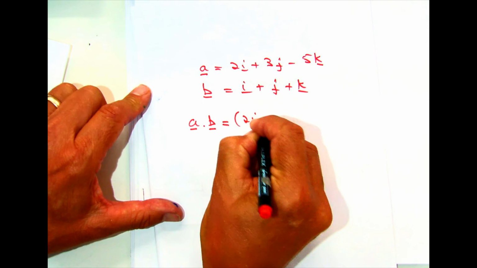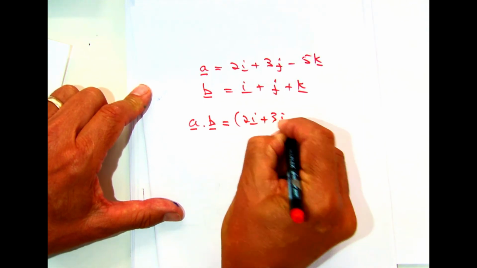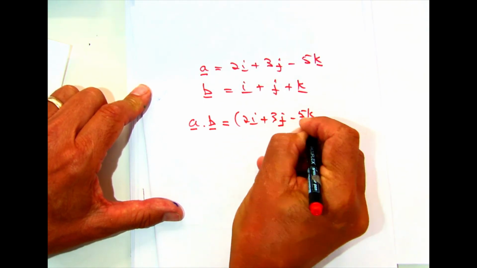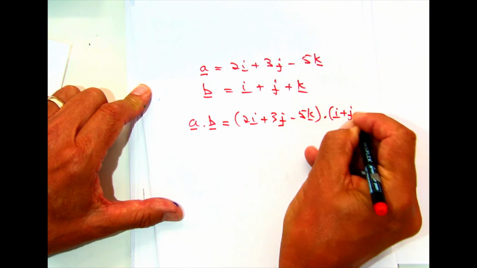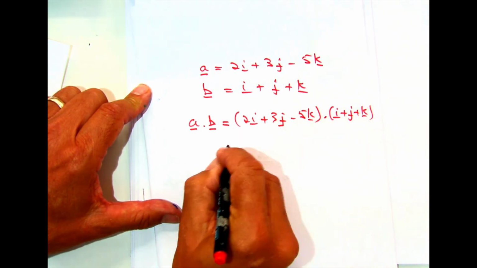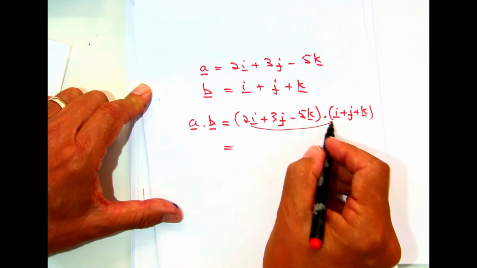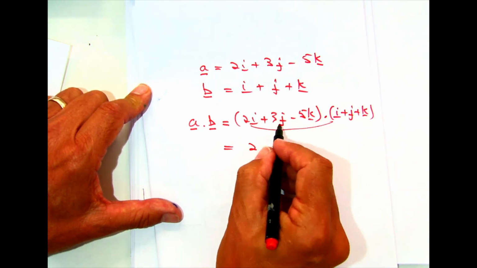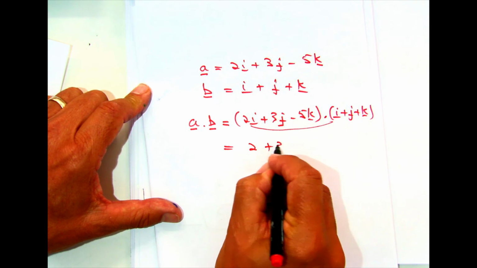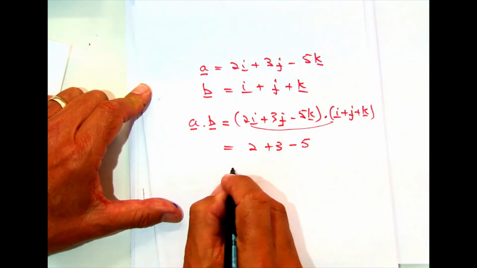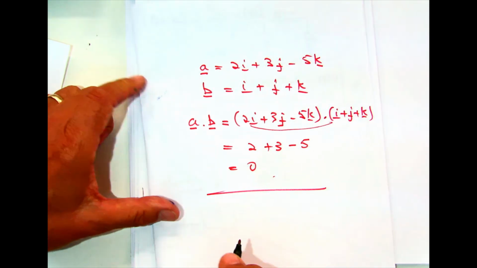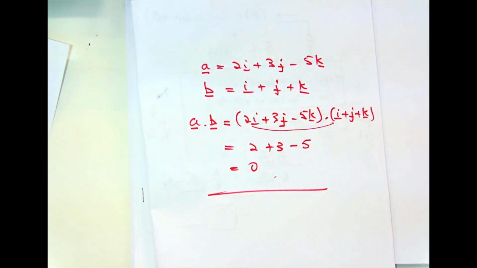Well, let's write it out. That is my A, and dot with B, i plus j plus k. So the i with the i is 2. The j with the j is 3. And the k with the k is minus 5. Oh, in this case it's 0. So that is your dot product for those two.